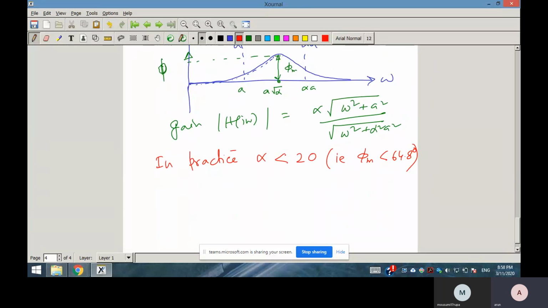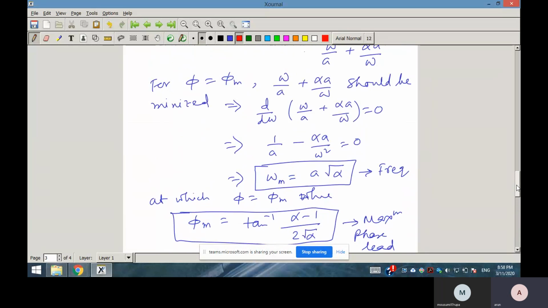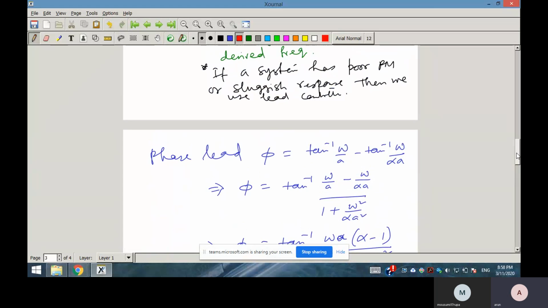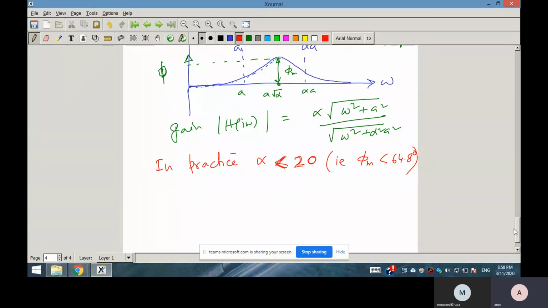So alpha less than 20 is allowed. If you make alpha much more, then the pole location of the controller will be far away from the imaginary axis, and it will be very much susceptible to noise.